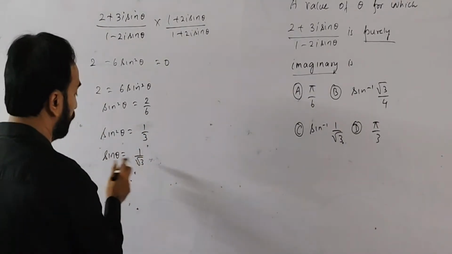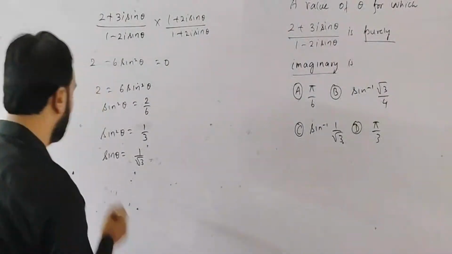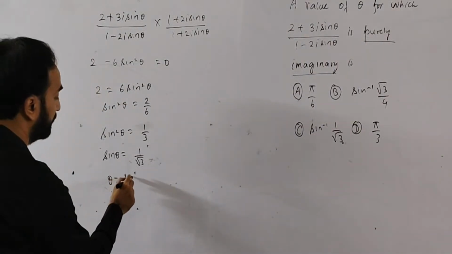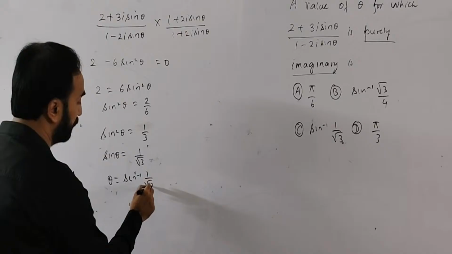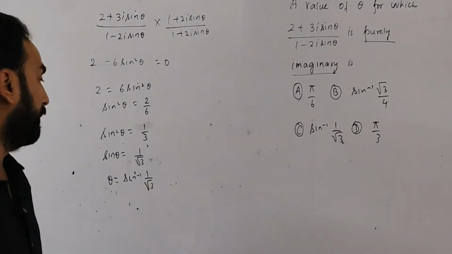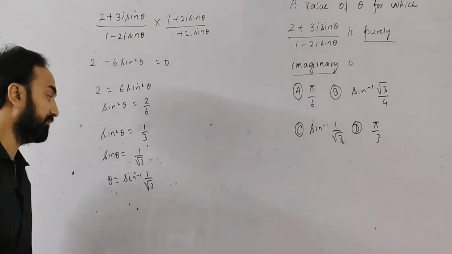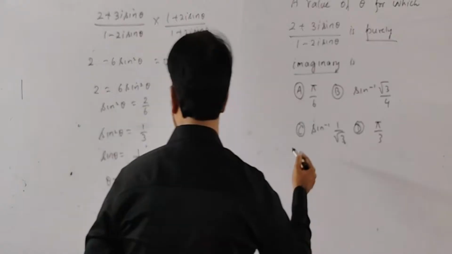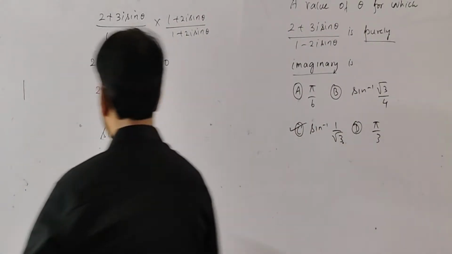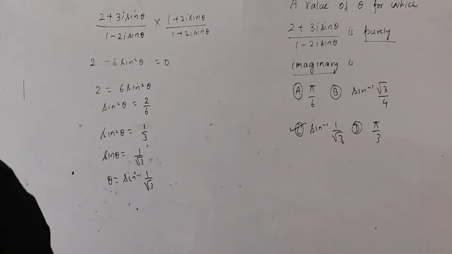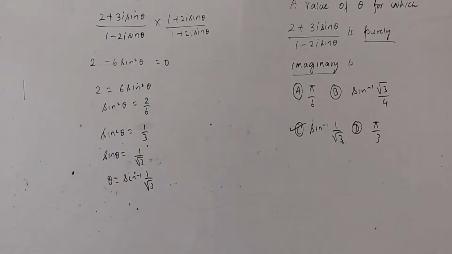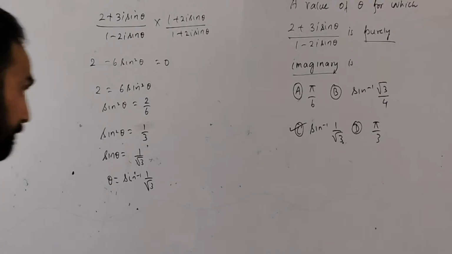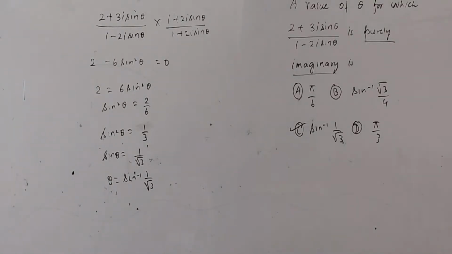Sin theta will become equal to 1 by root 3, and theta will become sin inverse 1 by root 3. So the answer is option C: theta is equal to sin inverse 1 by root 3. Correct?